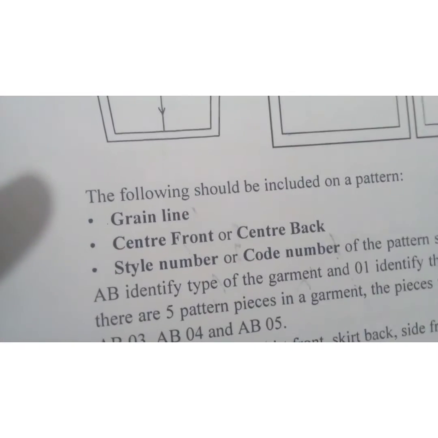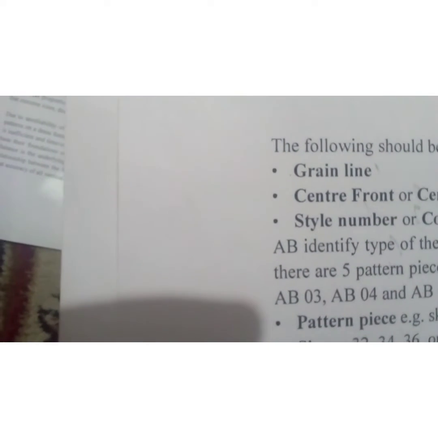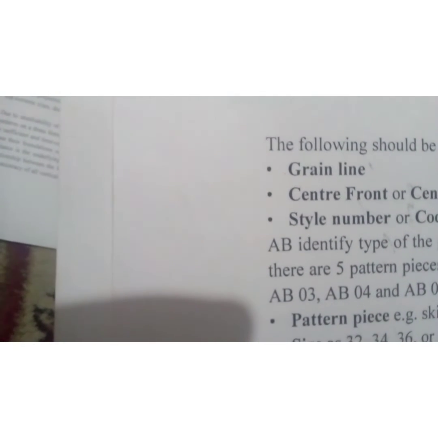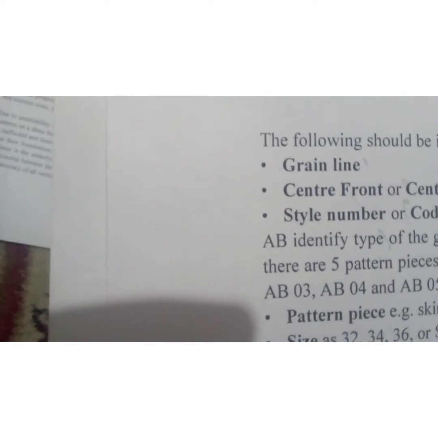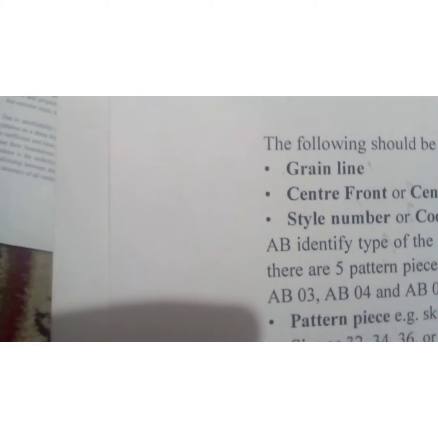Third is the pattern pieces. For the pattern pieces you need skirt front, skirt back, side front and back. How many patterns do you need? Very simple: you need the sizes, like 32, 34, 36, that is like S, M, L. Then cutting information: how will it be cut? You need the information properly and clearly.